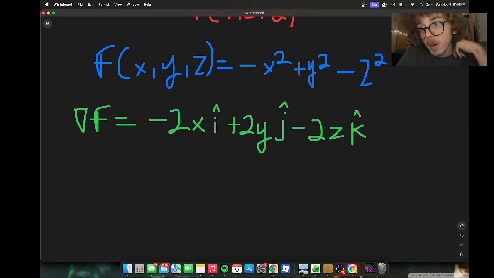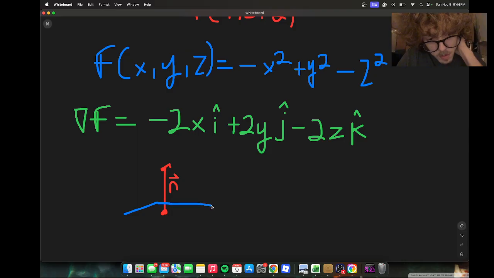And remember how we define a plane, right? If I want to find a plane, I need a point, and I need a normal. So let's say this is the normal to a plane. We're just defining this to be some normal, and we have a point. Using this, we can use a formula.